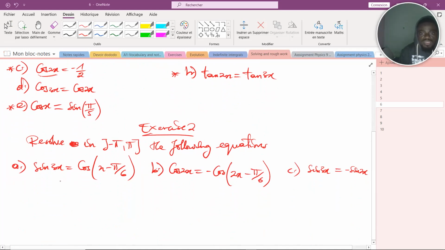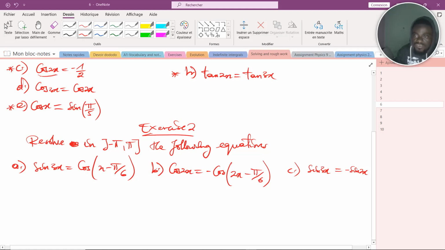Now let's start these other questions. We're going to do these 3 questions. Here they are asking us to solve, and they have given us a precise interval on which we are to solve these questions. So here is the approach. When they give you a precise interval, you first find the general solution.